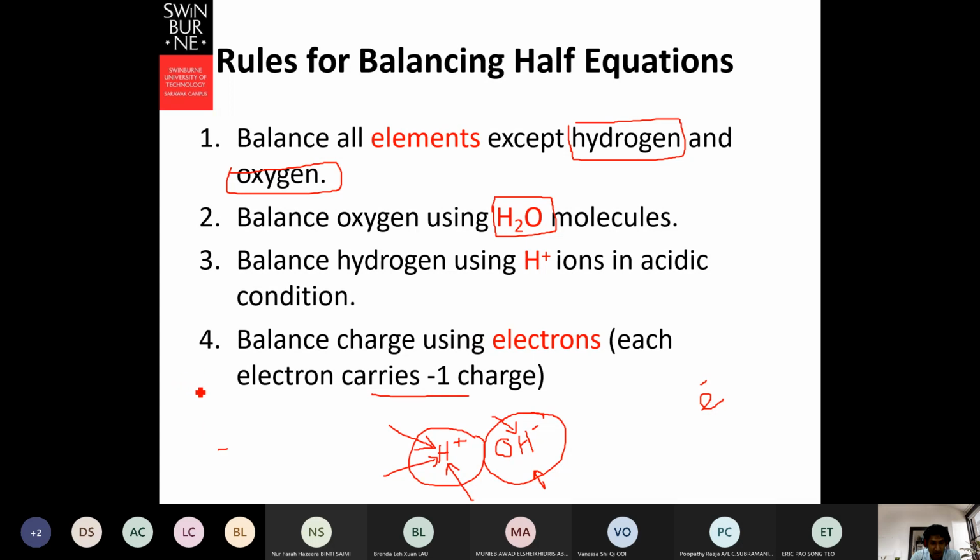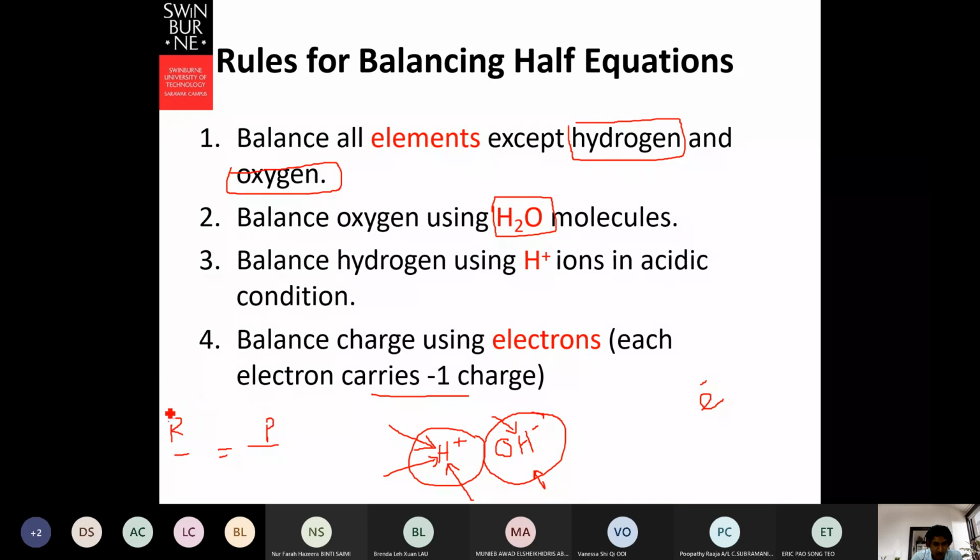That means on the reactant side it is left and right. So this is the reactant side on the left side and this is the product side.